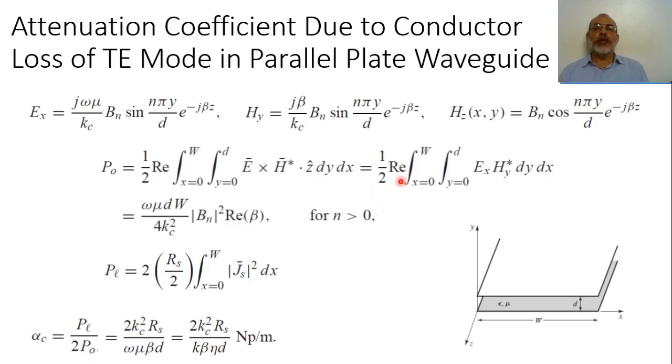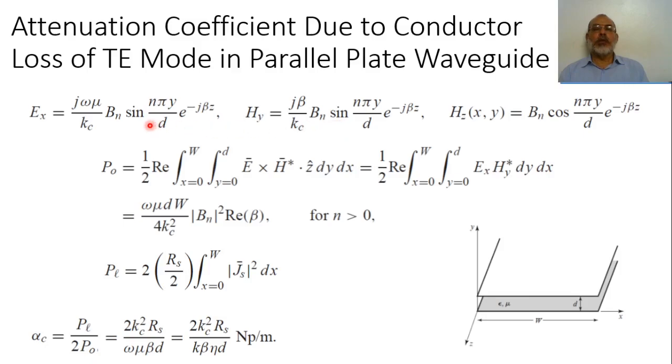So it would be half the real part of the integration of Ex Hy conjugate dy dx, with the limits of integration for y from 0 to d, and for x from 0 to w.